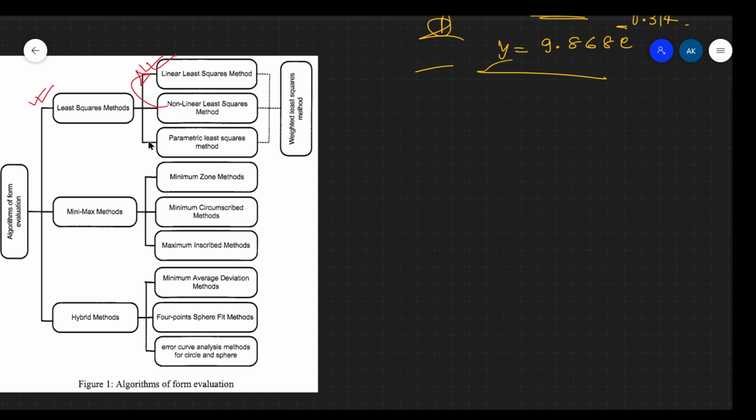Now what are these parameter least square methods? These parameter least squares are for surfaces. Till now, whatever we have studied are for lines or for some 2D curves. These two methods are for 2D curves. But the same principle of least square can also be used for surfaces.